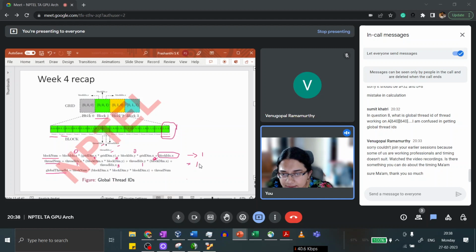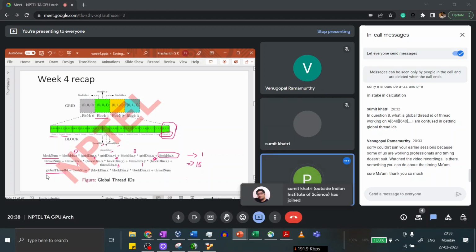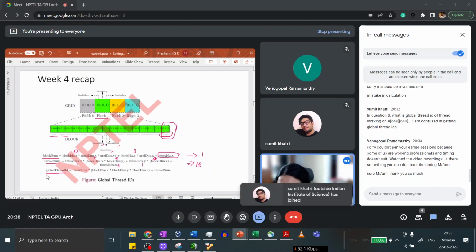So that comes out to be 15, and as we can see here from the manual numbering, the thread number within that block is 15. So this tells us the thread number. Now global thread ID is actually the thread ID not just within the block but across all the blocks. So how do you get the global thread ID?